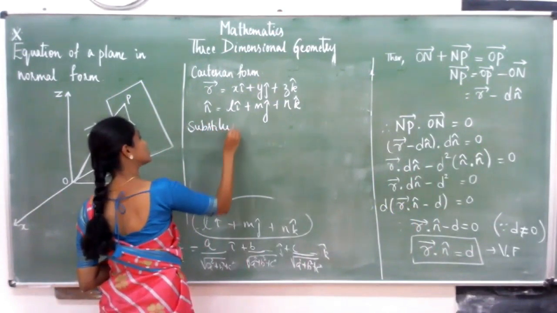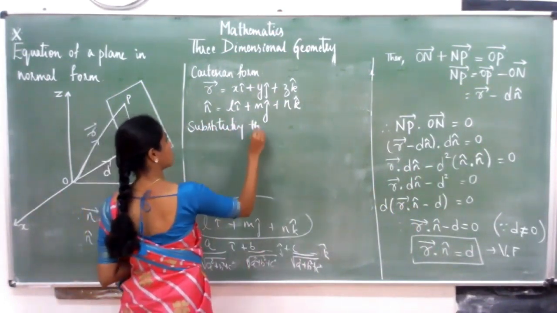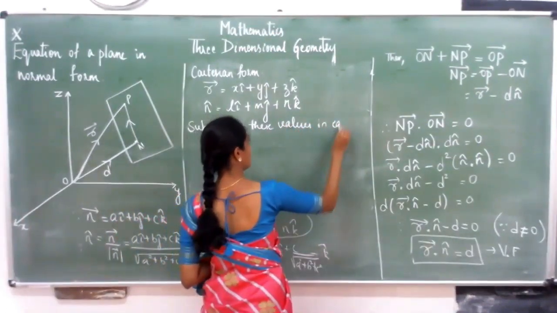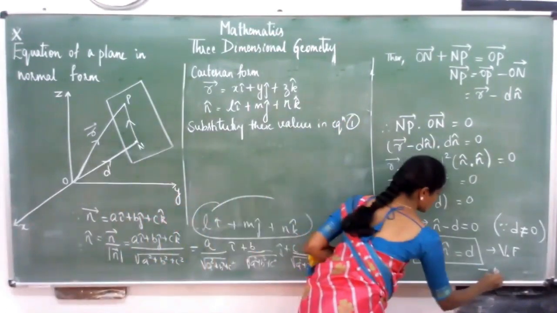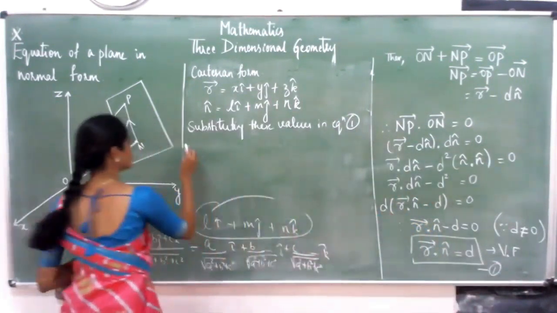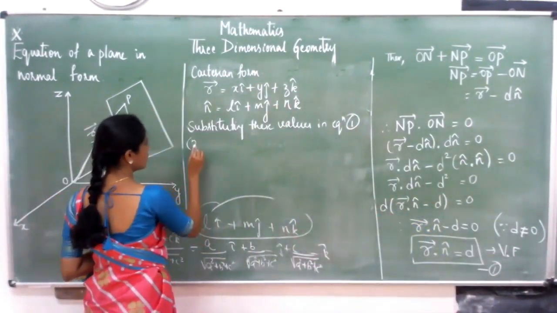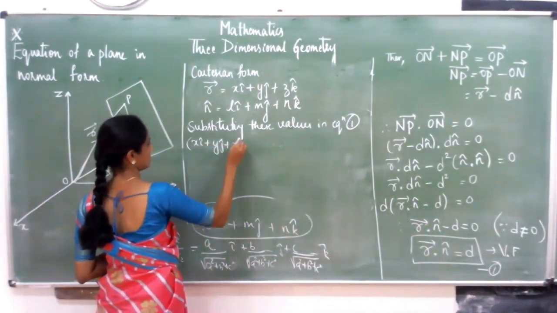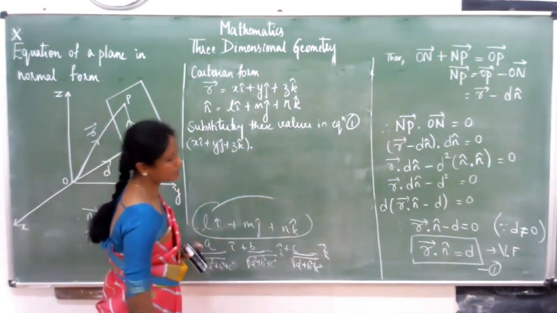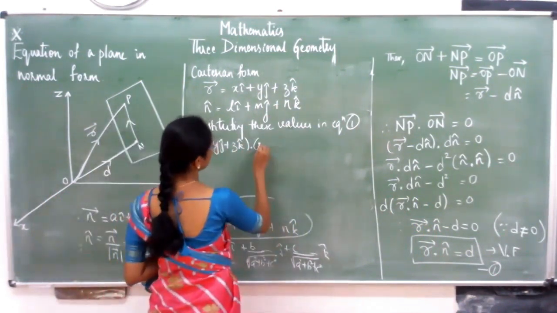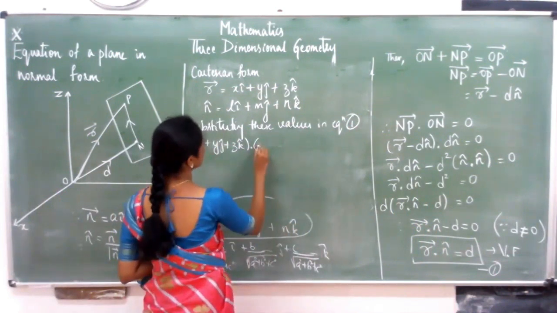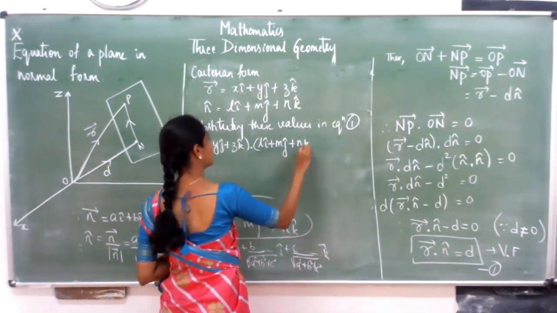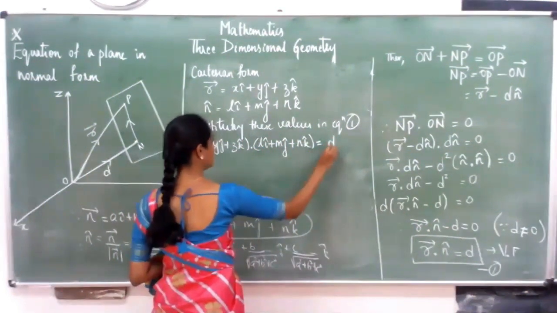Substituting these values in equation 1, vector r, which is given by x i cap plus y j cap plus z k cap, dot vector n cap, that is the unit normal vector, which is l i cap plus m j cap plus n k cap, is equal to d.